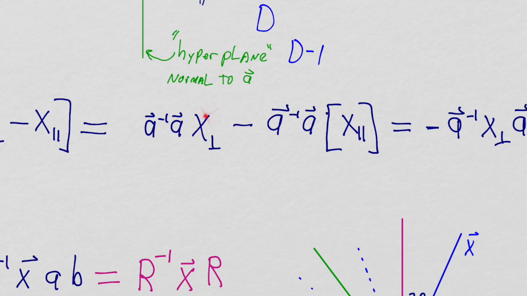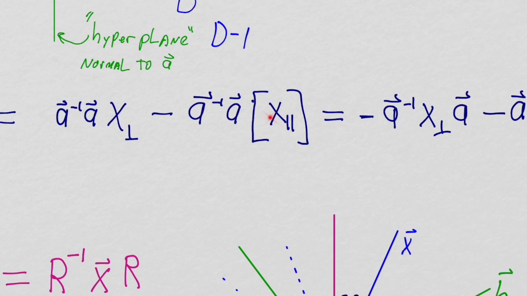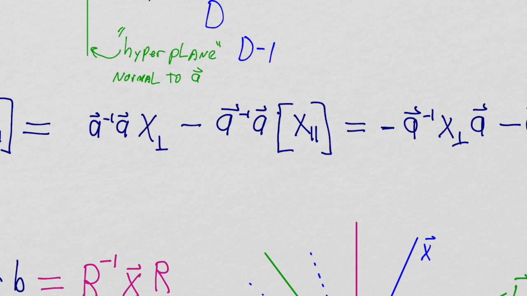And now what I'm going to do is commute the perpendicular part of x with A. Now, by definition, this perpendicularity is with A. So x perpendicular is by its very definition perpendicular to A. Wait, what did I just say?